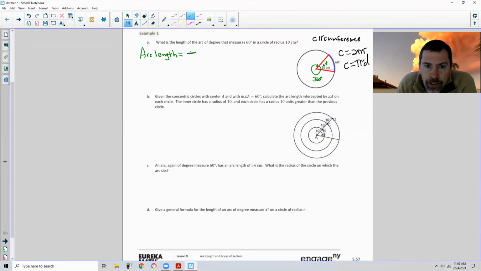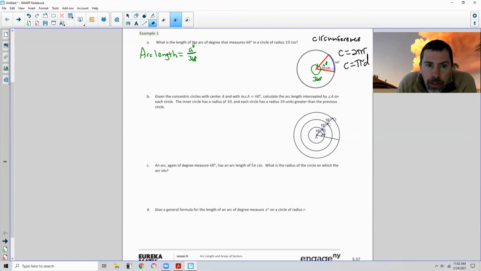This is a fraction: some A degree measure over 360 degrees times 2 pi r.